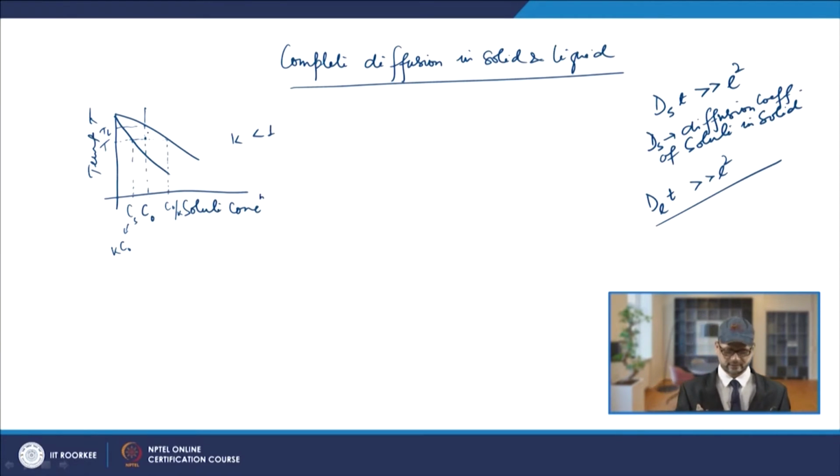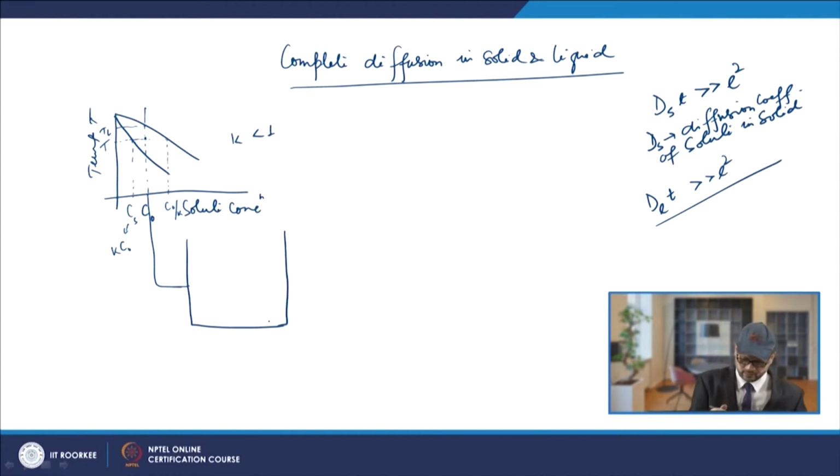Now, what happens in such cases, if you look at the Cl and Cs, is that if you draw this line, this will be C naught, and this C naught is coming for the liquid. So from here this line will move and go up to C naught by K. So this is for the Cl value.